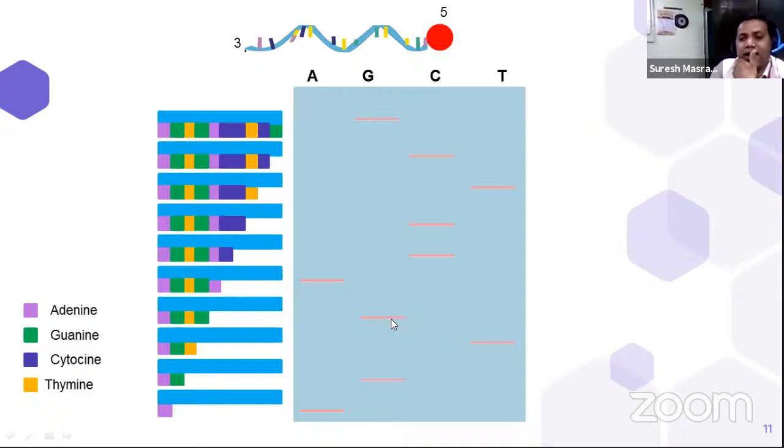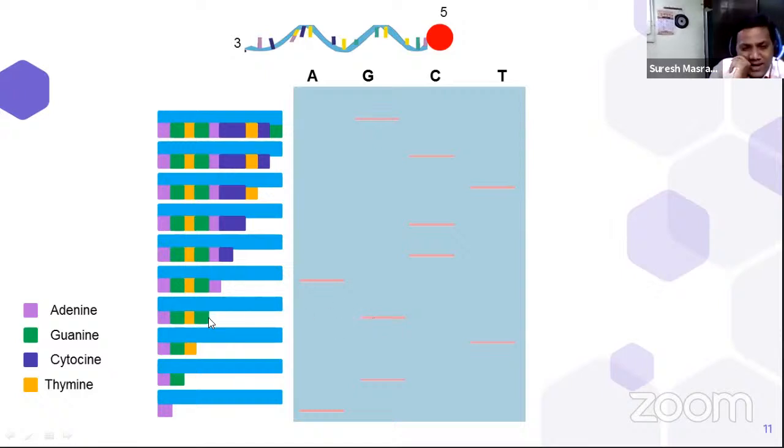Next band, they are seen in the lane of the G, the second lane. Thus, in the second lane, we know that duplication must be arrested at the fourth nucleotide, and the fourth nucleotide which stops the replication must be dideoxy guanosine triphosphate.